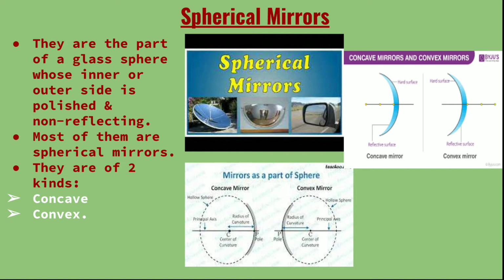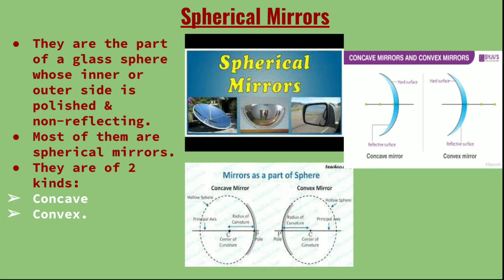These curved mirrors are generally spherical mirrors, and there are two kinds, concave and convex. From the picture you can see this is part of a spherical mirror. In a concave mirror, the inner side has a polished surface and the outer side is non-reflecting, whereas in a convex mirror, the outer side is polished and the inner side is non-reflecting.